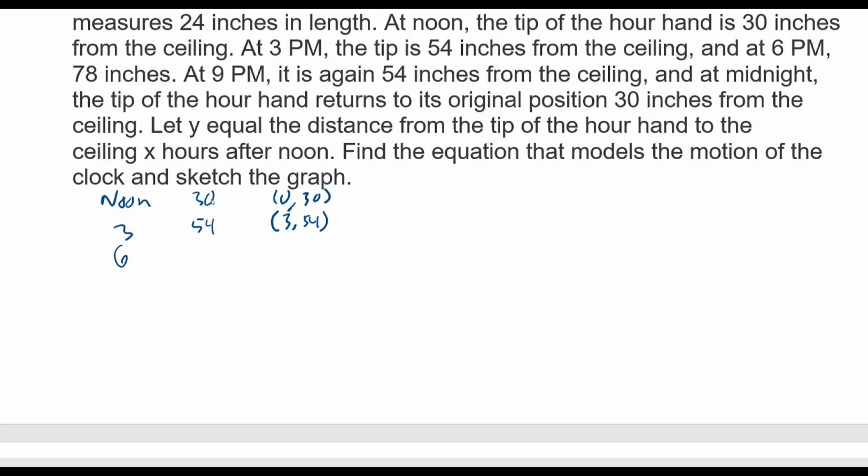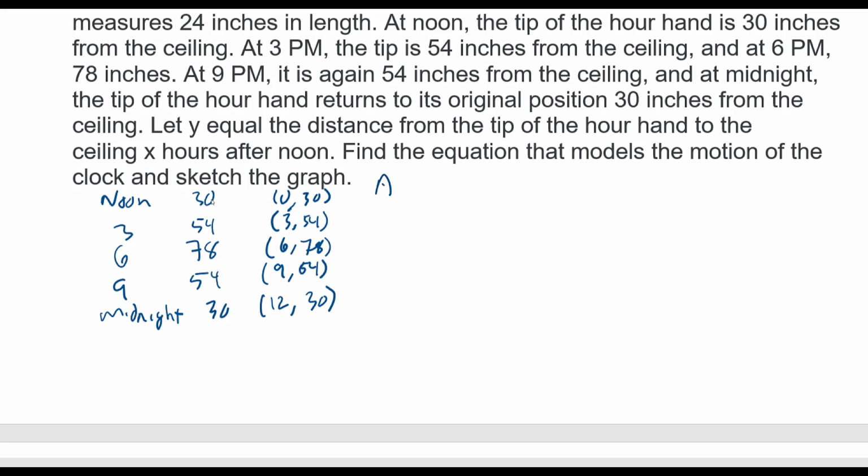At 6, it's 78 inches, so we have 6, 78. At 9, it's 54 inches again, so we're at 9, 54. And at midnight, it is 30 inches, so we're at 12, 30.